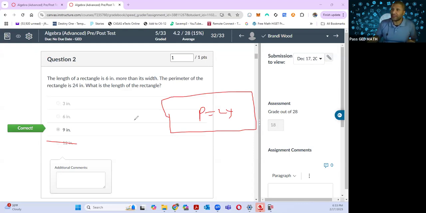So the length of a rectangle is 6 more than its width. So the length is 6 more than the width. So that's W plus 6, W plus 6, W, W. This is how you solve it algebraically.